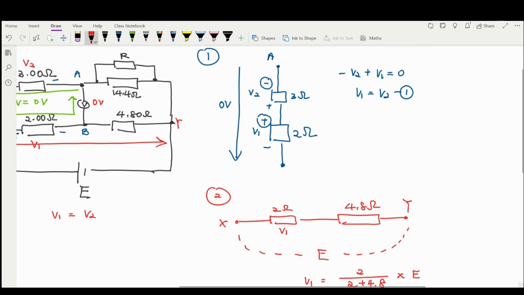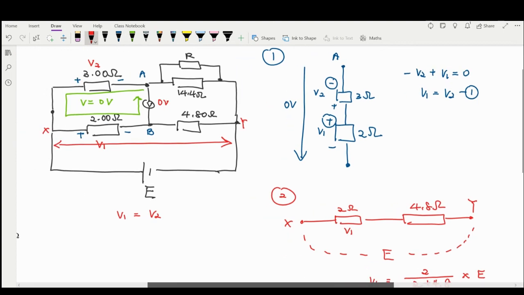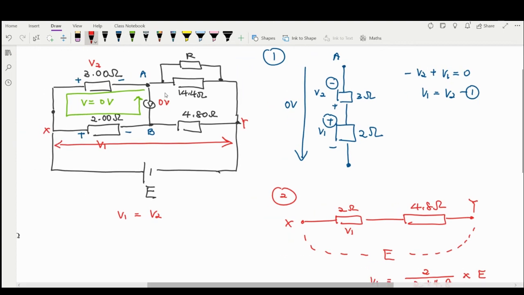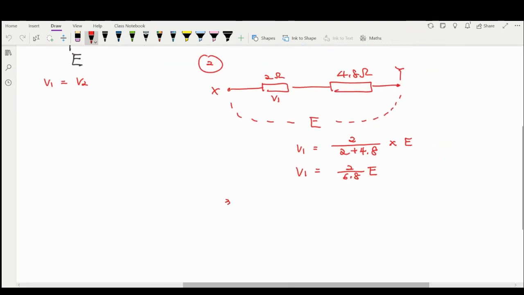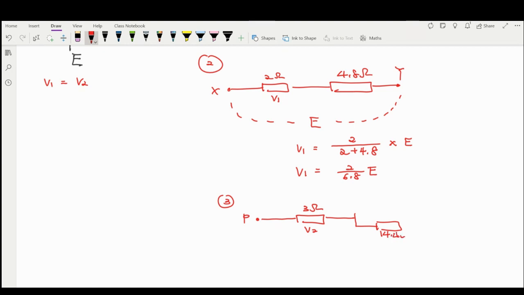The third step is to take the branch here and call it PQ. They are in parallel, so they should have the same potential difference as well. If you redraw PQ, you have your 3 ohm here with V2, and then you have your 14.4 ohm and your R here.